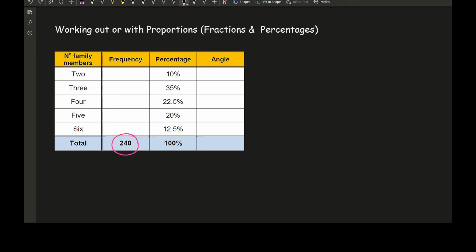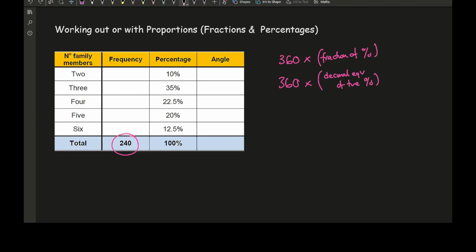All I need to do, with the percentage, is multiply 360 by the fraction of the percentage, or I can do 360 multiplied by the decimal equivalent of the percentage.